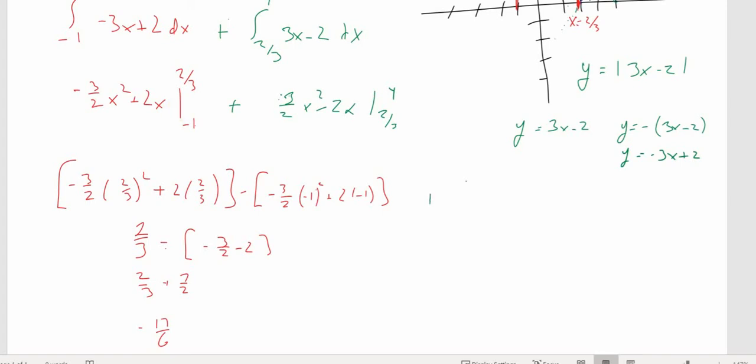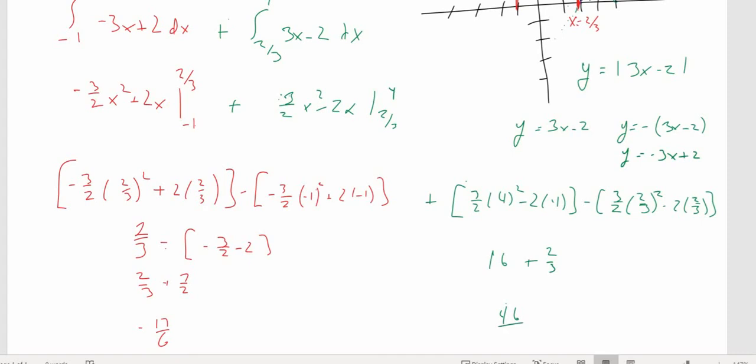So evaluating those then, that's 46/3, and we want to add those two things together then, because it's that plus that, right?